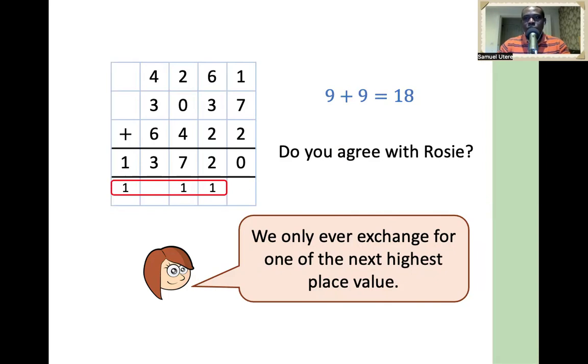We'll say, okay, we're going to exchange the 10 and leave the 8 for the ones counter. But what about this? You can see we have 21. So we have more than 10 to exchange. So we can change for 2 tens. So we'll have 2 counters. So she's not correct. So sometimes you can exchange for 2 of the next highest place value, going from right to left.